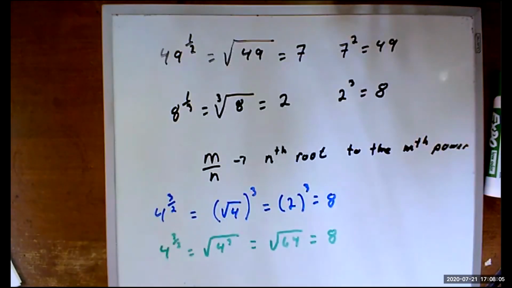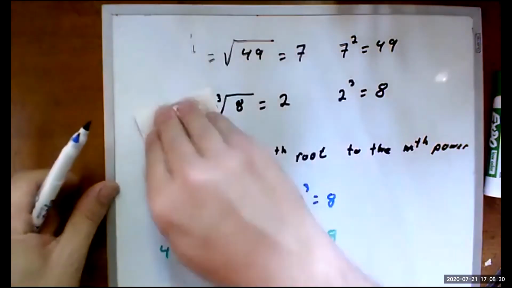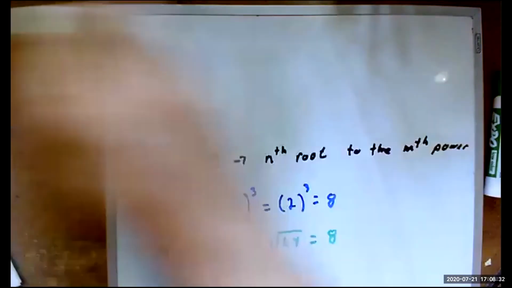Now, it is worth noting that when we're dealing with fractional exponents, those exponents that are fractions are still fractions, and they behave like fractions. Sorry, that should be 3 over 2. Three on top, 2 on the bottom.